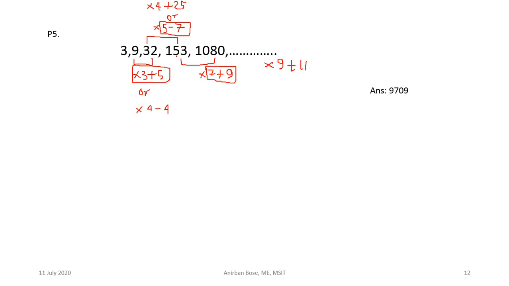It will be 1071, right? 1071 plus 9, 1080. Okay, so into 9 minus 11. So you are getting alternate plus minus. You see, plus minus, then again plus, then again minus. So alternate plus minus you are getting.